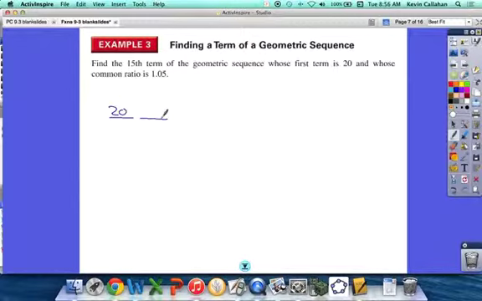I think that's going to get kind of hairy. How about instead we just use the formula? This is a place where you probably just want to use the formula, right? Because to multiply times 1.05 that many times, that's just going to have all kinds of decimals floating around. Why not use this? An equals A1 R to the n minus 1.